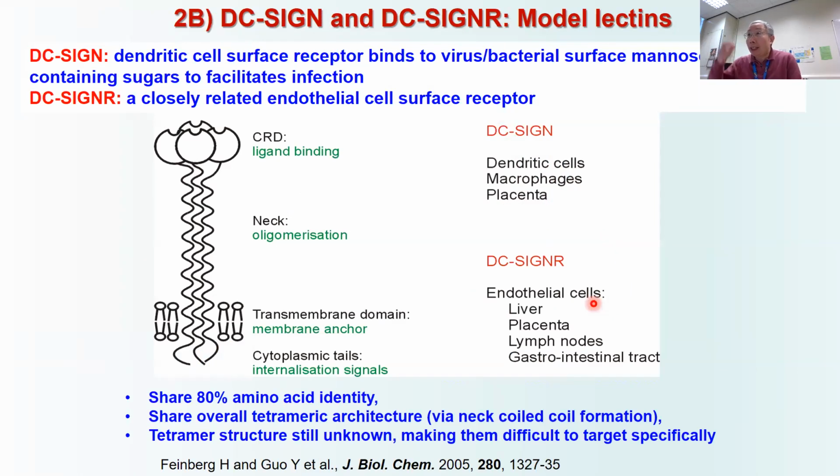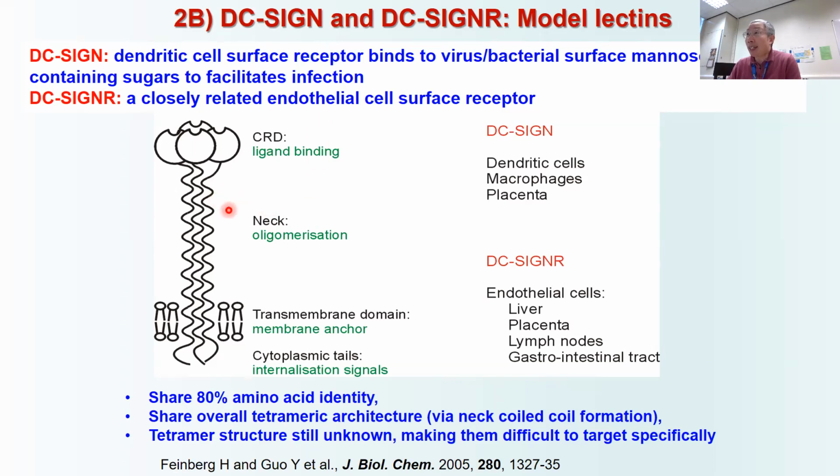Unfortunately, the ones that we are interested in are called DC-SIGN and DC-SIGNR. DC-SIGN is one of those dendritic cell surface receptors, and they bind to virus and bacterial surface mannose and fucose-containing sugars to facilitate infection. And DC-SIGNR is related to endothelial cell receptors.